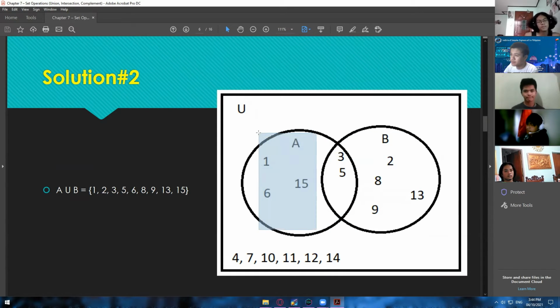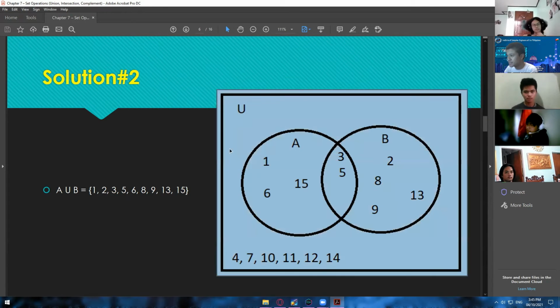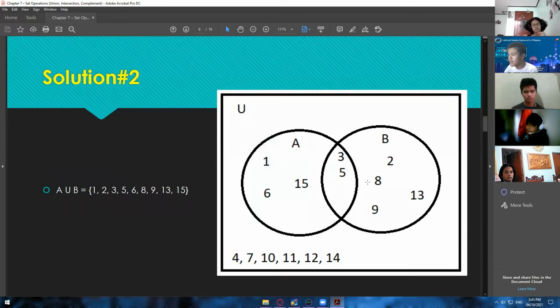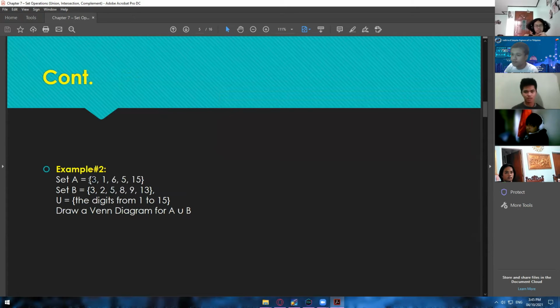If it's on A only, then it's a distinct element of set A, so we can only find that one on set A. The same with set B. But if it's in the middle between them, that means set A also has these elements of set B. Both of them contain 3 and 5, and the rest are unique.